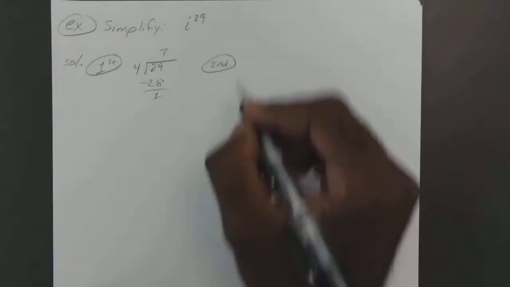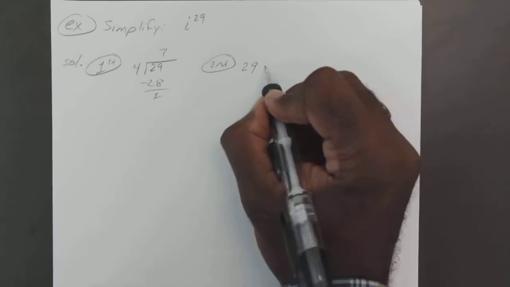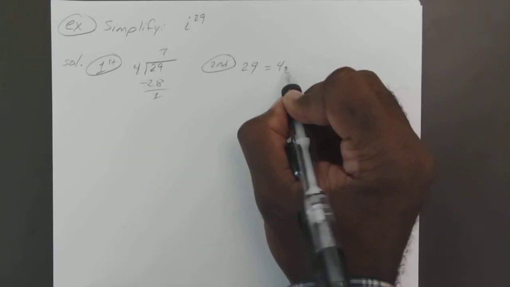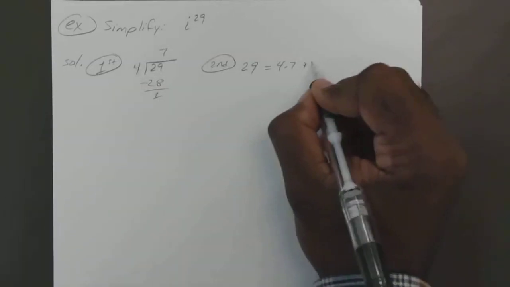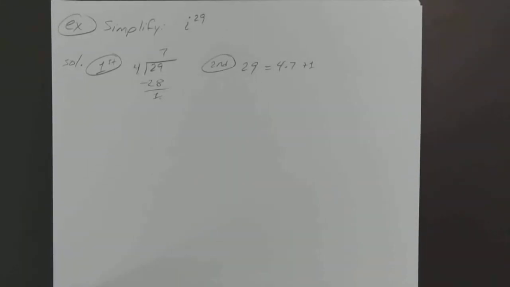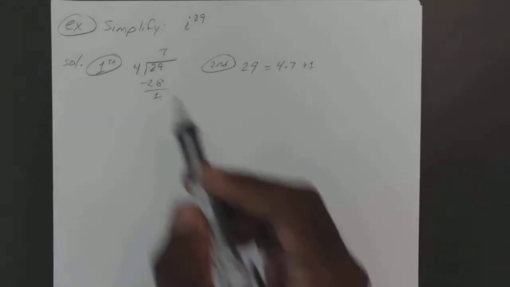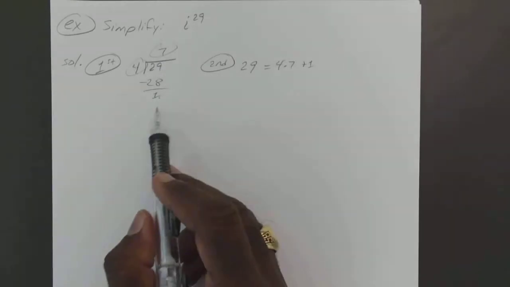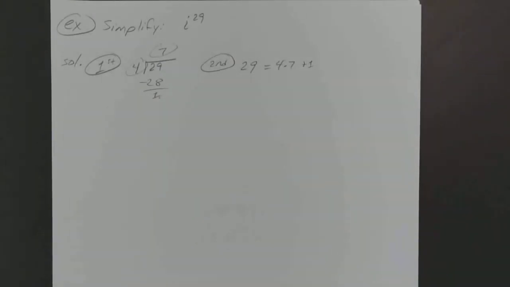So that means, I think that was the second step, that 29, we can make that 4 times 7 plus 1, which is just our remainder. All we do is multiply these two together and add your remainder. Always forget which step is which.